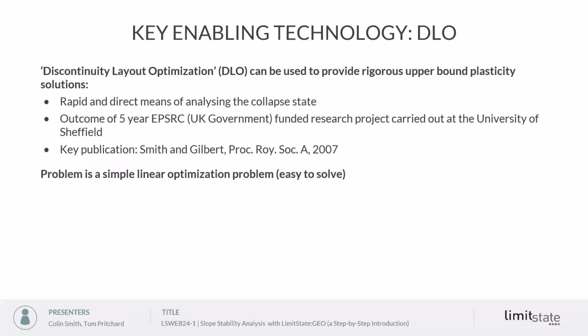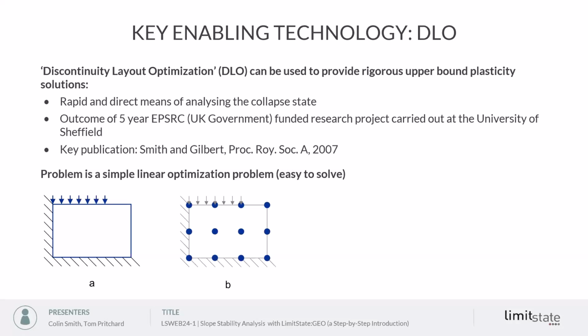So all that analysis that was carried out by the software is undertaken using what's called a discontinuity layout optimization procedure, which provides rigorous upper bound plasticity solutions. And those are optimized to be very close to the true solution. Very simply, how this works is I've got a simple rectangular domain of soil here with a surface surcharge and a fixed boundary to the left and to the base.